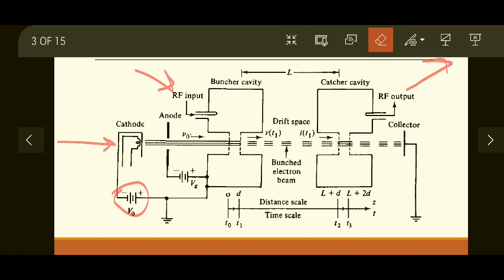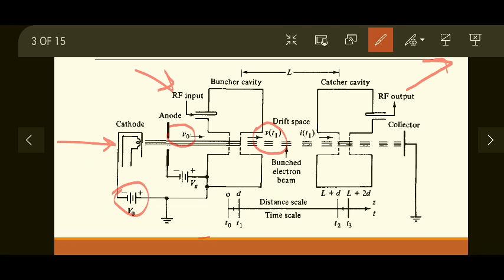So the electron beam enters the buncher cavity with velocity small v0. That is the initial velocity, and it leaves the buncher cavity with velocity v of t1. At the bottom of the diagram you will see a distance scale and a time scale.